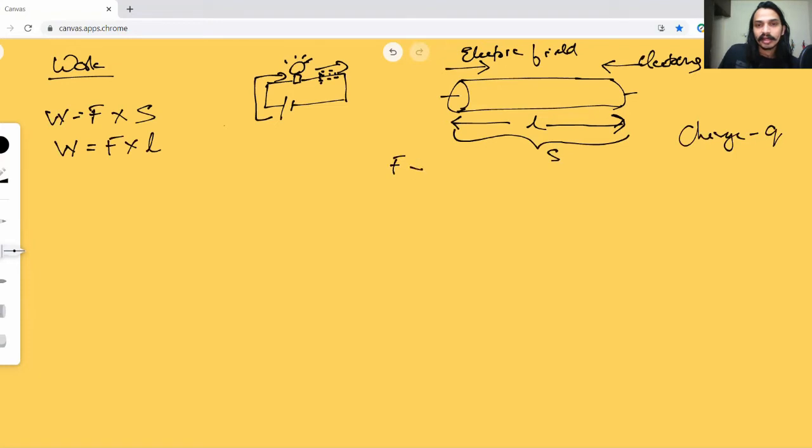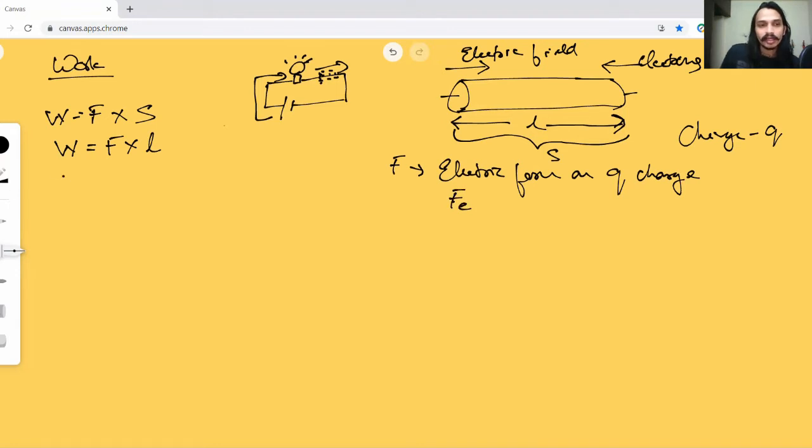Let's say F is a force that is generated by the electric field, called the electric force. So I will say that F is nothing but the electric force on q amount of charge, on all the free charges that are called q charges. I'm going to call this F with a small e.